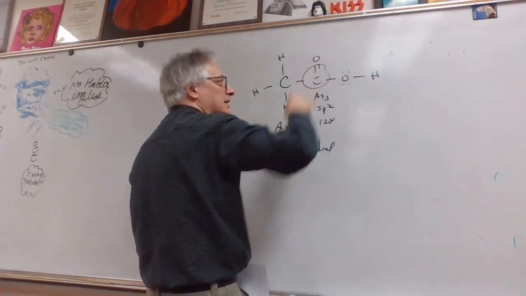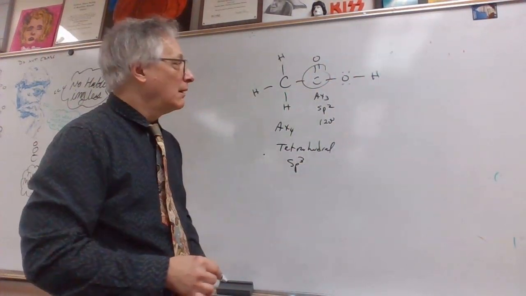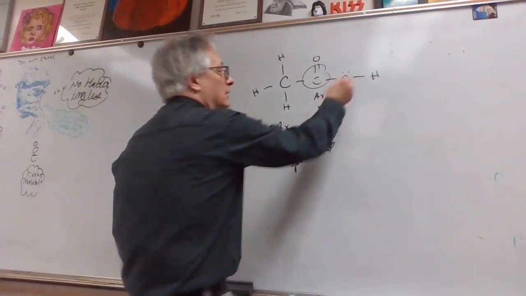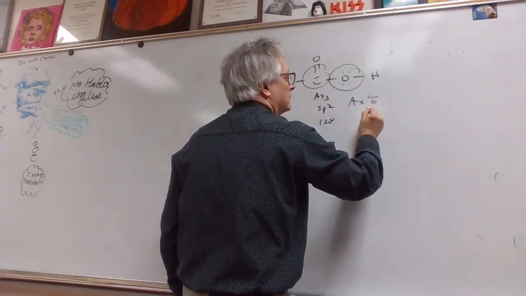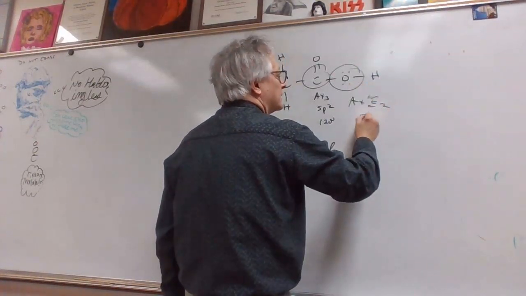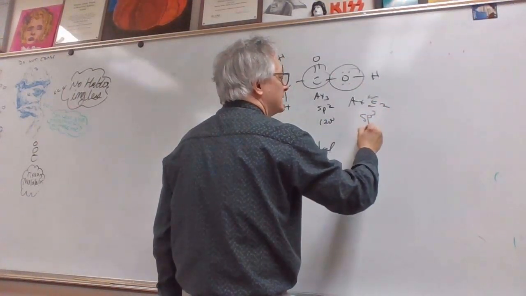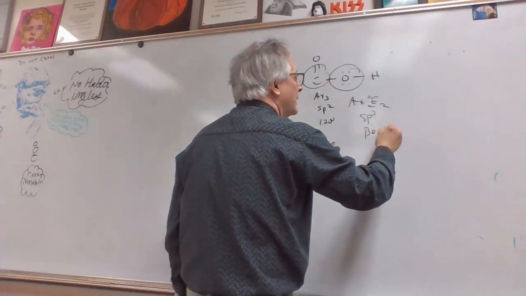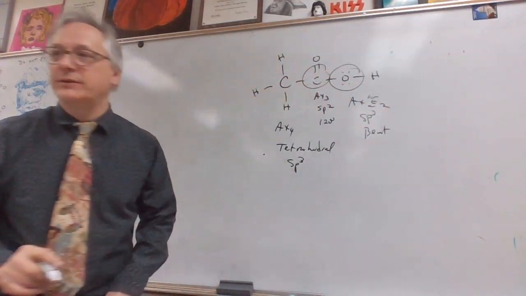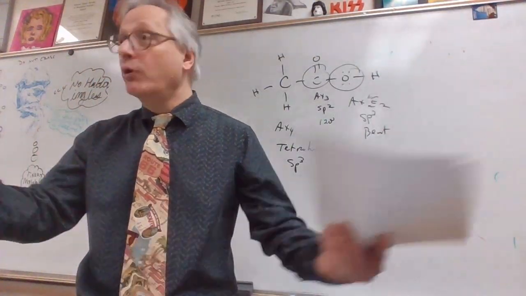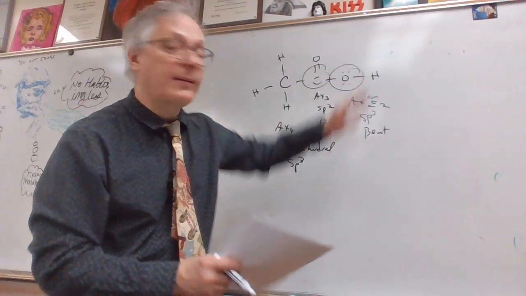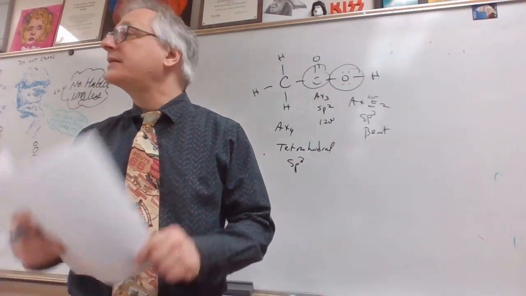So this part of it's going to be trigonal planar. You can even play the game with the oxygen. This oxygen, AX2E2, is going to be sp3 hybridized, and it's going to be bent. So you can look at any part of a molecule now, and with your techniques of VSEPR, boom, you can determine the geometry around any part of a molecule. Yes, Anna.